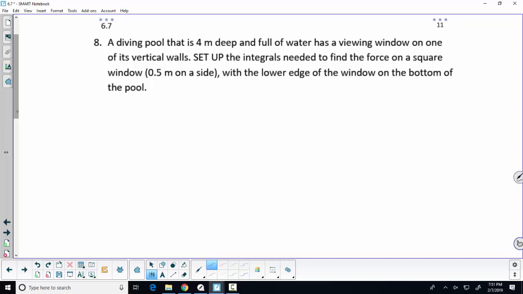Viewing window. There'd be a viewing area lower than the bottom of the pool, right? Doesn't it make more sense to put it in the corner rather than the center of the wall?